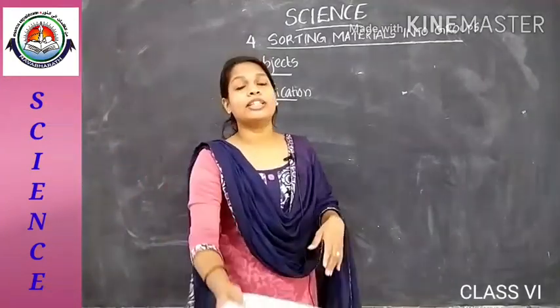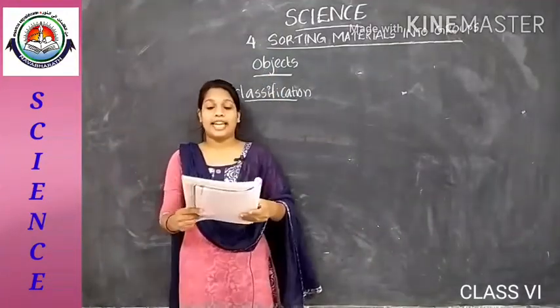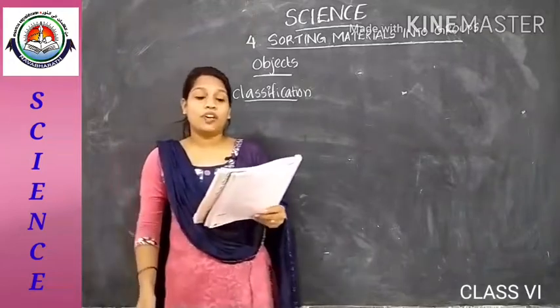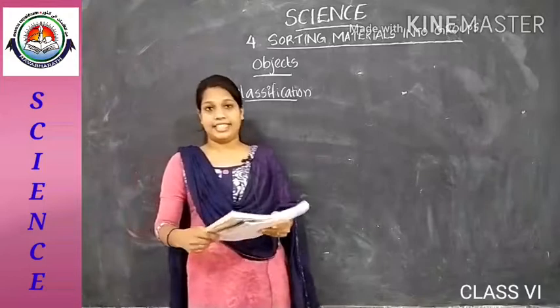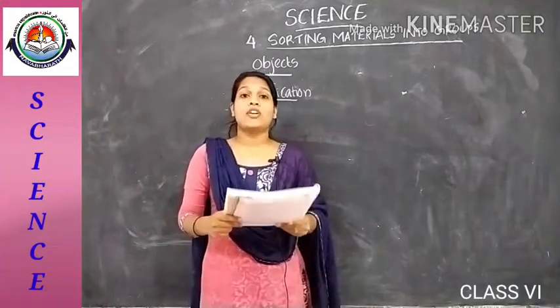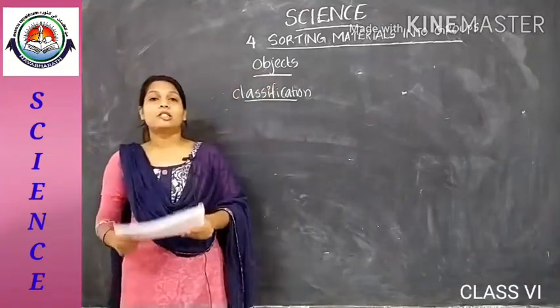Okay, and based on classification, you can have an activity in your textbook, that is to classify different objects on the basis of the given criteria like fruits, vegetables, cereals, fibers and spices.